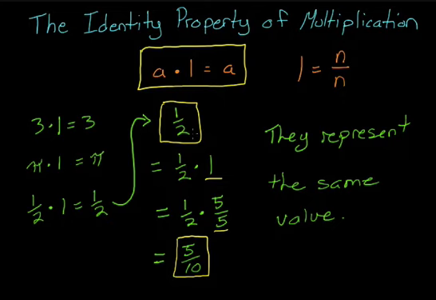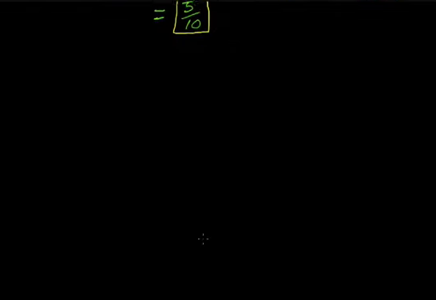So why would you want to change the way you express a value? If 1/2 and 5/10 are the same value, why would you want to write 1/2 as 5/10? Well, let's do a simple addition problem and see if this property helps us.